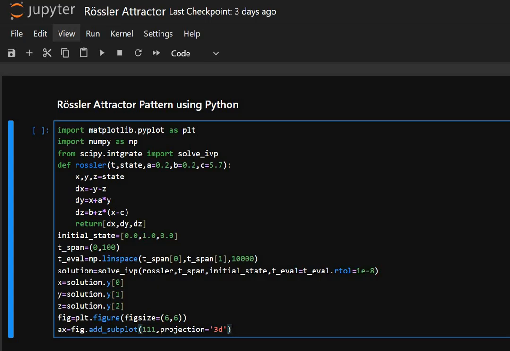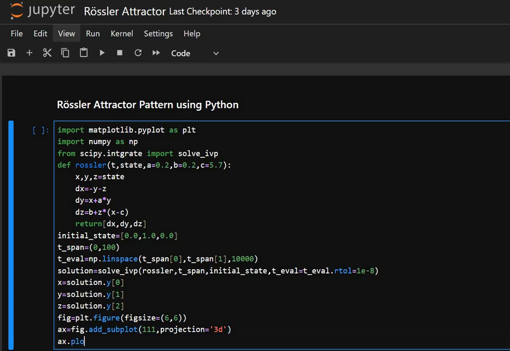Now we'll plot the Rossler trajectory. This plots a 3D curve traced by x, y, z over time, with line width 0.5 and color purple.